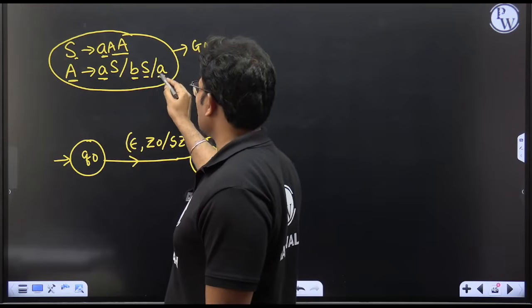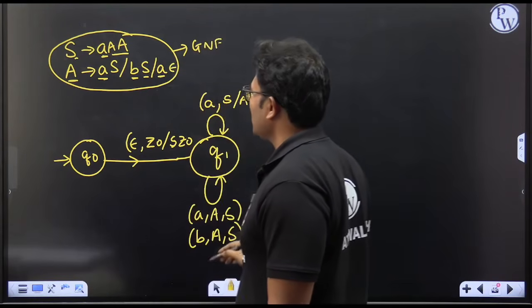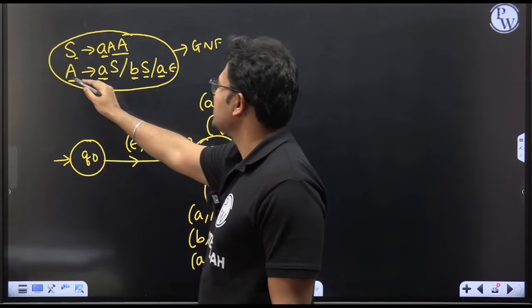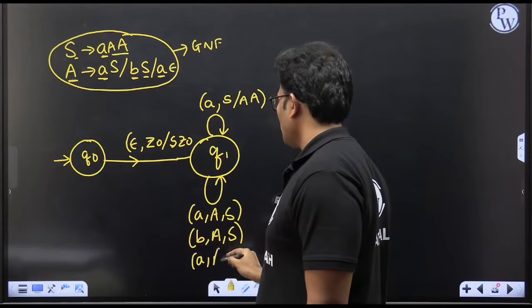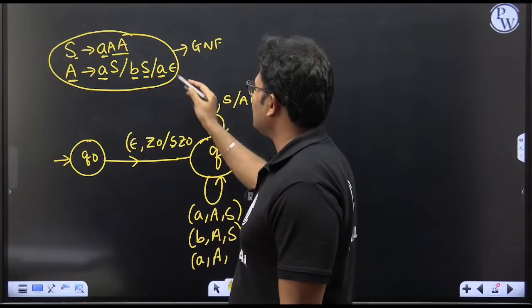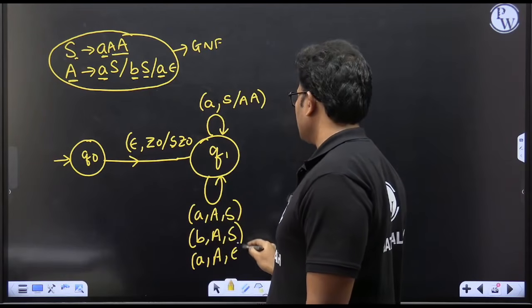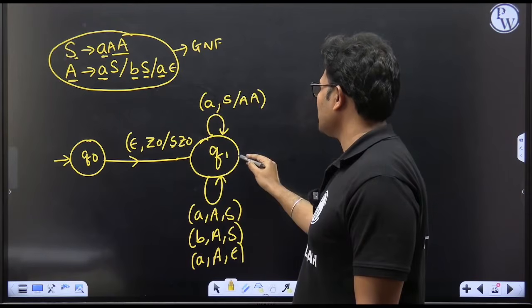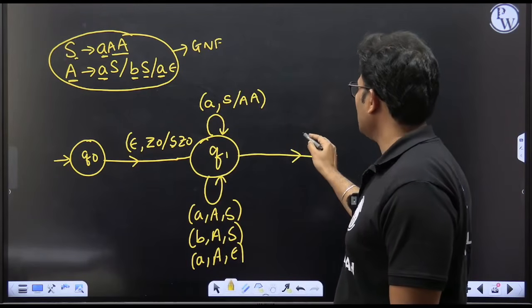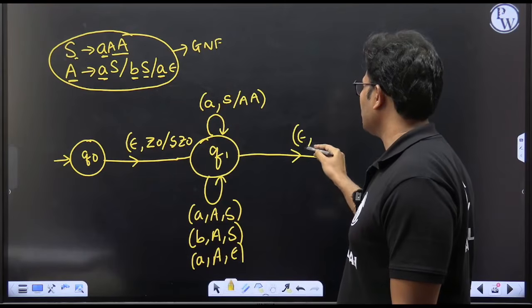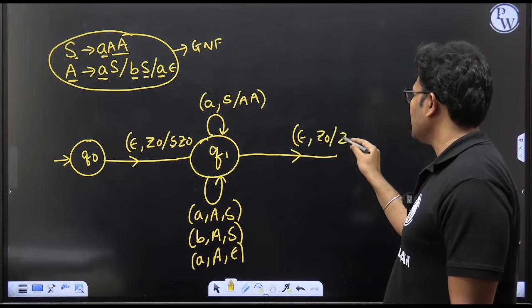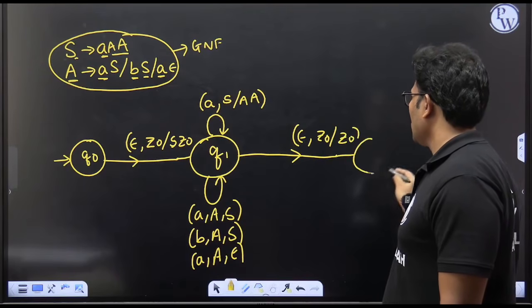Similarly, here also there is an epsilon. If input is a, top of the stack is capital A, replace it with epsilon, all the productions are done. Finally, if you see epsilon in the input, which means the input is over and Z0 is on top of the stack, leave it as Z0 only and you accept it.